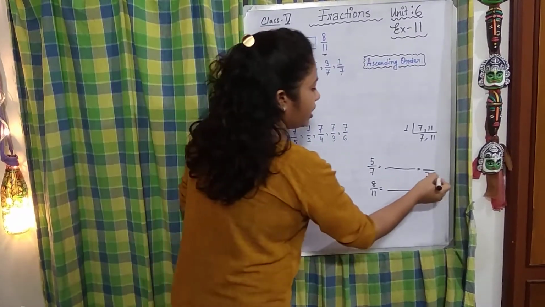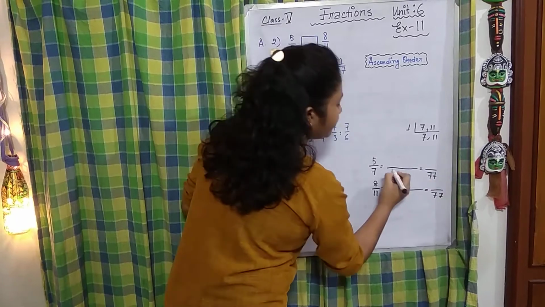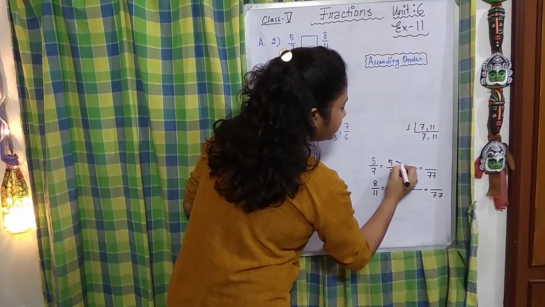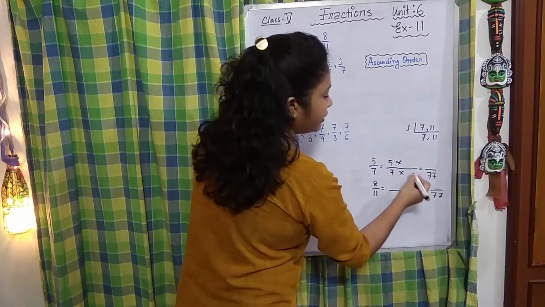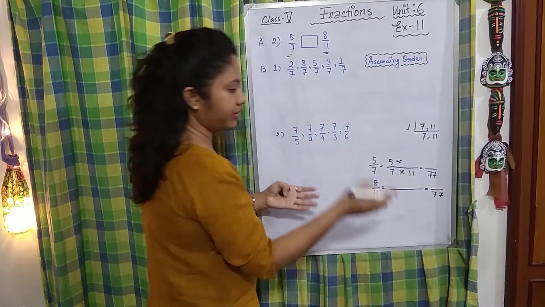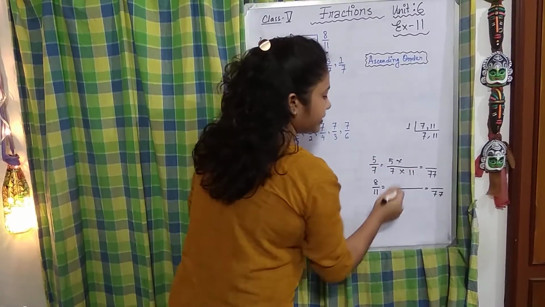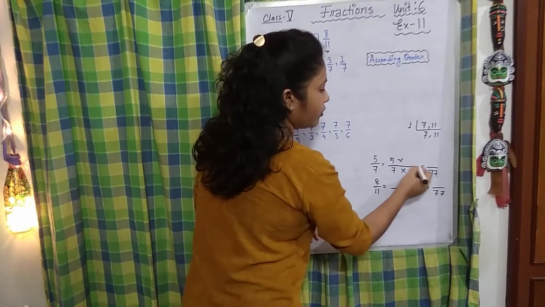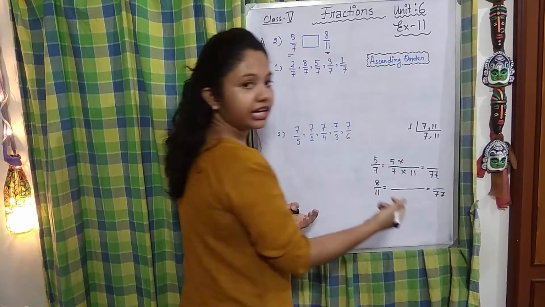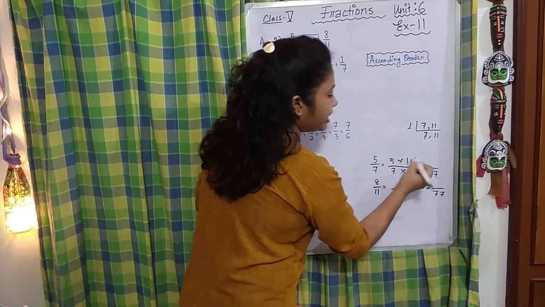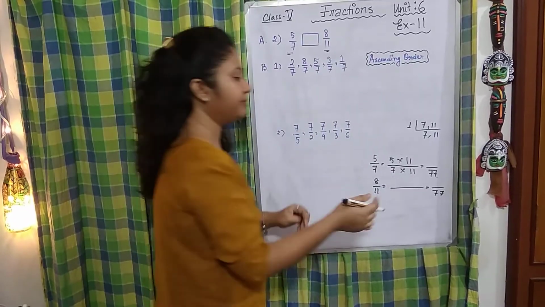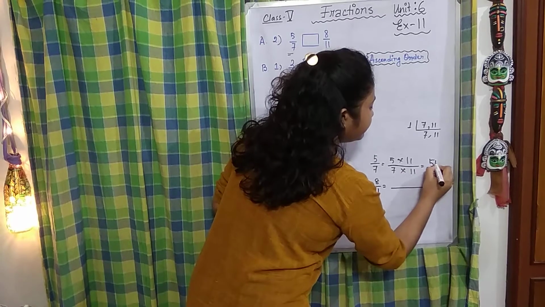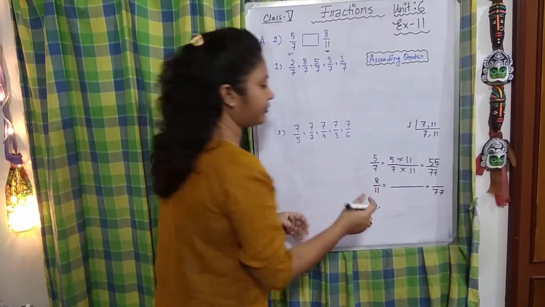Now to get 77, here we can multiply the 11 with 7, which gives us 77, right? When we are multiplying the denominator with 11, we will also multiply the numerator with 11. So 11 fives are 55.